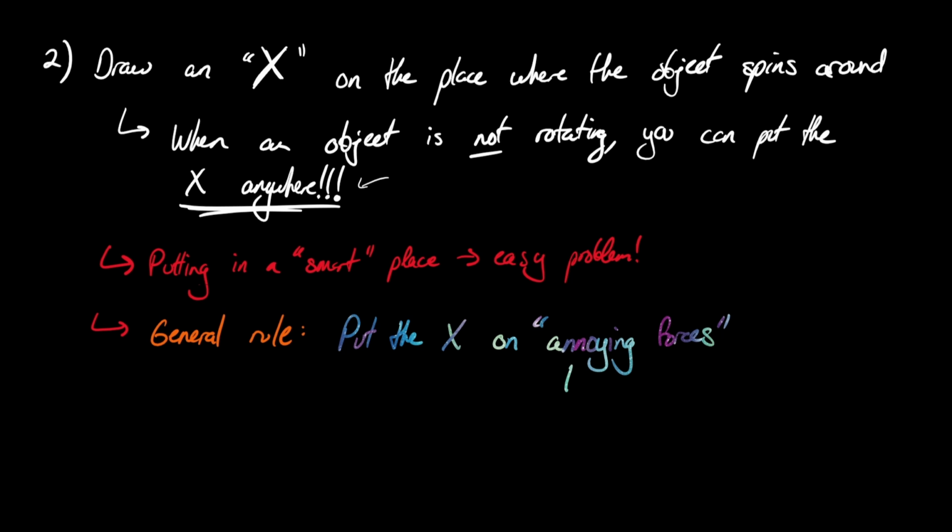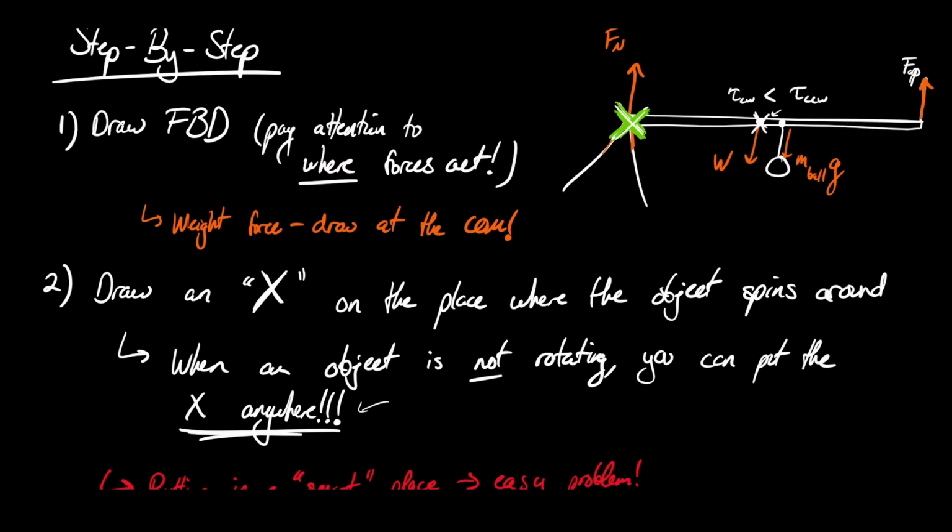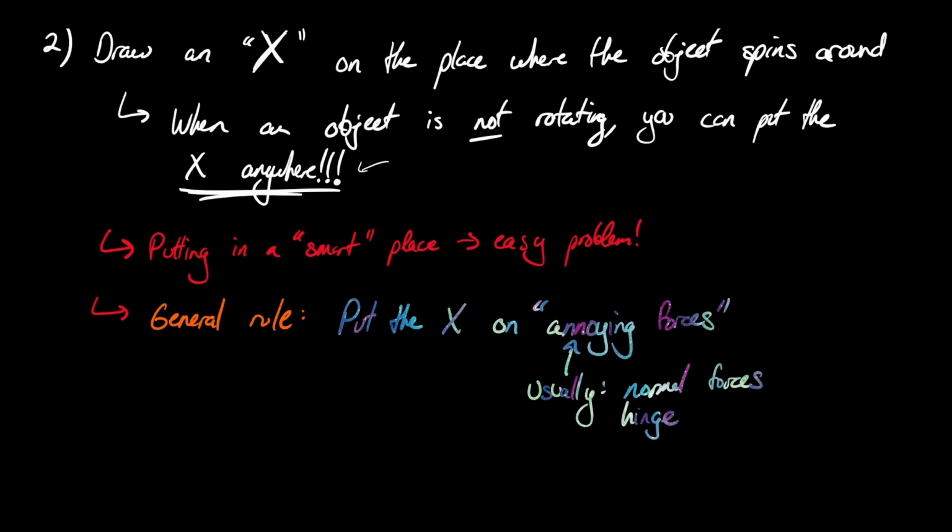So these are usually normal forces. And especially if you see a hinge in a problem. So for example, this tripod right here, that is a dead giveaway that you want to put it there.